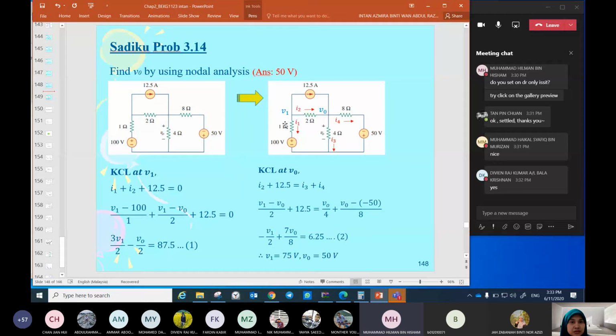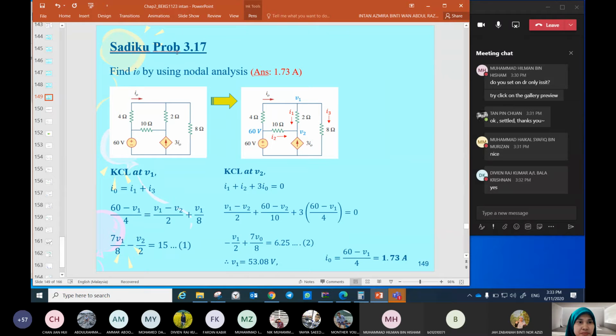Yeah, but why you put negative? Just make it positive. Current entering equals current leaving the node, right? No current enters, that's why 0. And then current leaving the node is I1, I2, and 12.5.